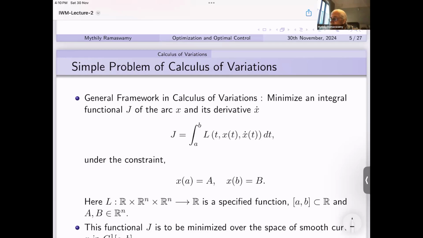So L will also be a real number. It's taking real values, so the integrand is completely a real number. I integrate it from A to B, so I'll get a number. So J is ultimately a real number. That is why I can talk about minimization or maximization. Is that okay? Yeah.